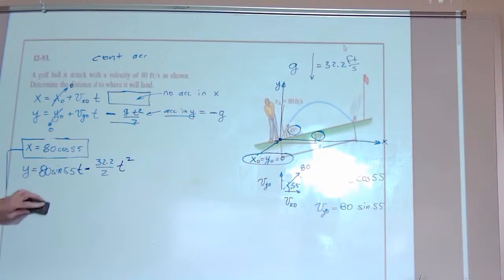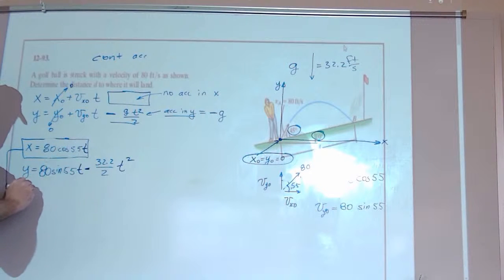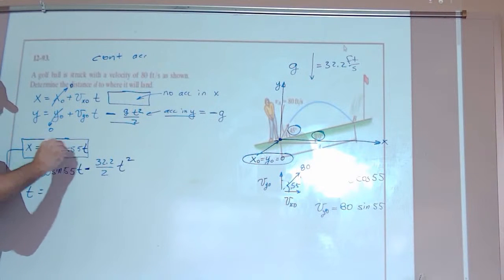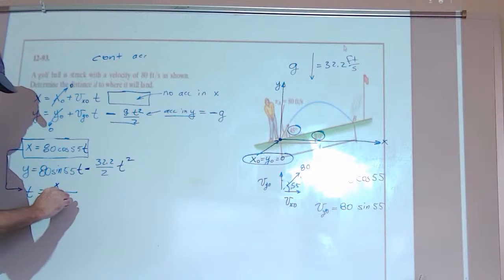And now I'm going to come under this and say t is equal to this, 80 cosine of 55.